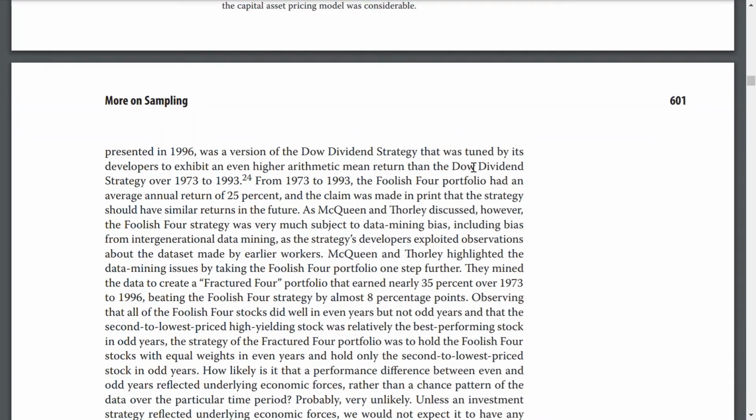It was a version of the Dow dividend strategy that was tuned by the developers. For 1973 to 1993, the Foolish Four portfolio has an average annual return of 25%, and a claim was made in print that the strategy should have a similar return in the future.